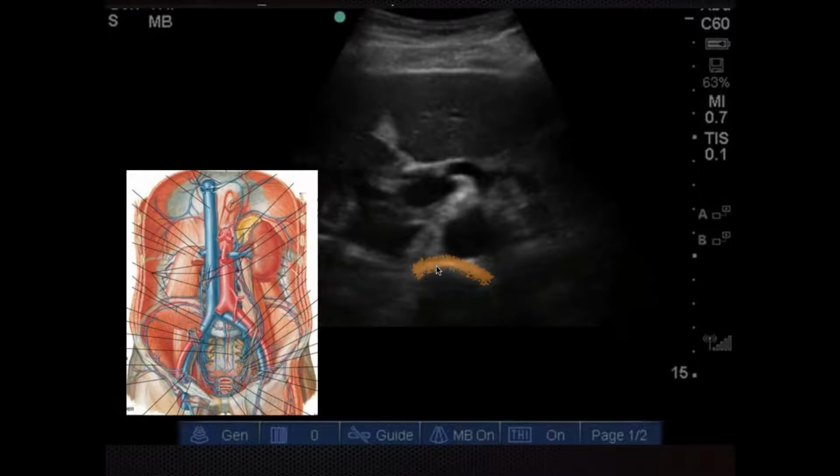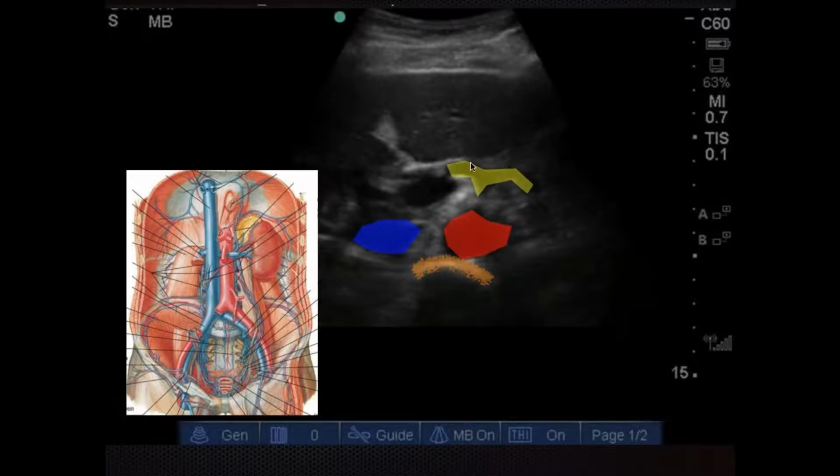So first identify the spine. And then what you have on top of that, on the patient's left-hand side, or right-hand side of the screen, is the aorta, and on the other side is the IVC. There are other features that you can look for to tell the difference, such as thicker wall, the way it's pulsating. The IVC varies with respiration, and it's maybe a bit more compressible.